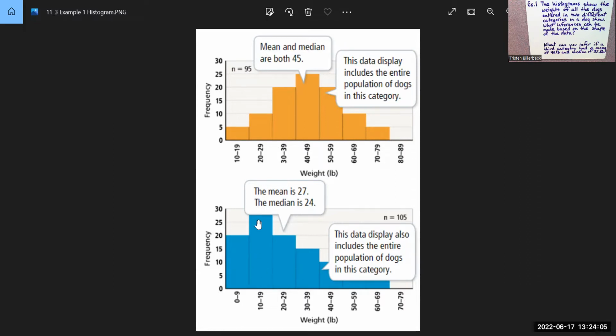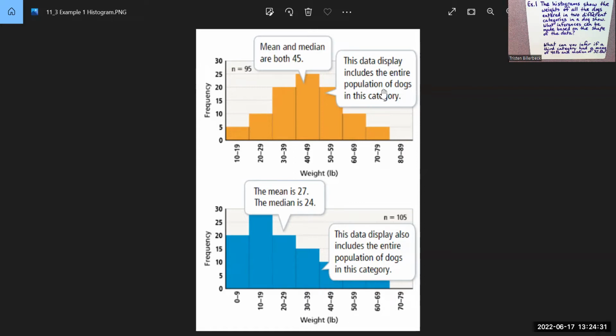In this category, we would say that most of the dogs would be between 10 to 19 pounds or 0 to 29 pounds. So it's like very tiny dogs versus very large dogs. And it'd be very unusual to have a tiny dog at this weight. It would need to go on a diet or something.